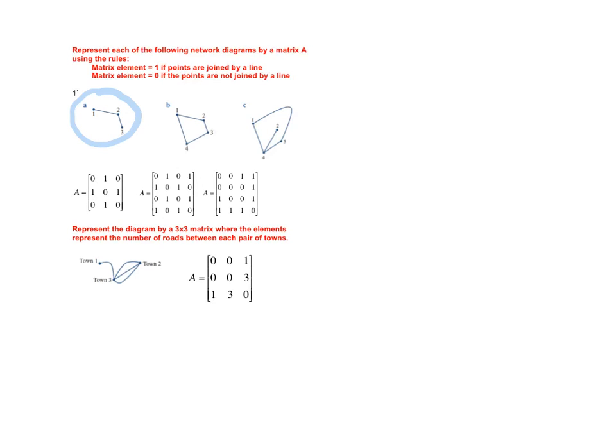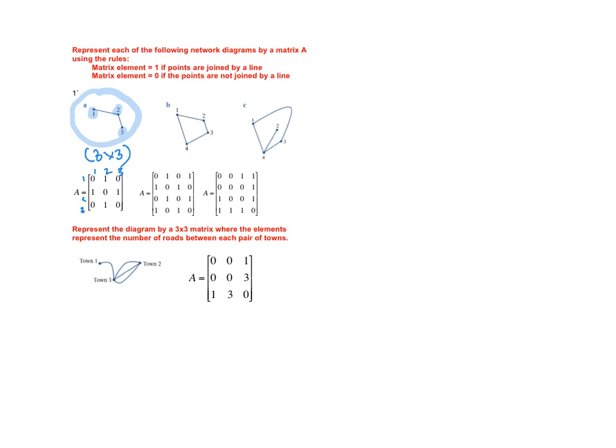So we can set matrices up to show this information. So if you look here, we've got 3 points. Sometimes it's a town or a map or something. So if you've got 3 like that, you have to have a 3 by 3 matrix. Okay, so can you see how we've done here? This is a 3 by 3, isn't it? Yeah, 1, 2, 3. 1, 2, 3.